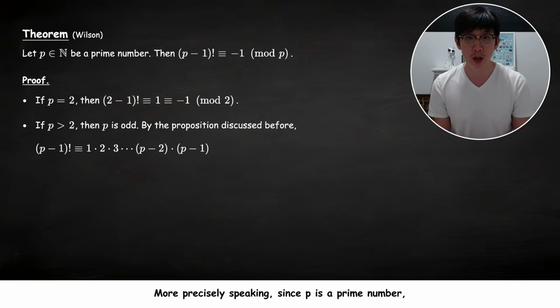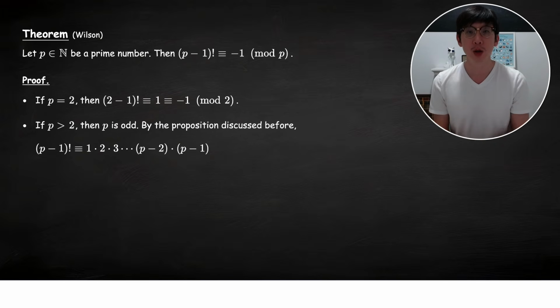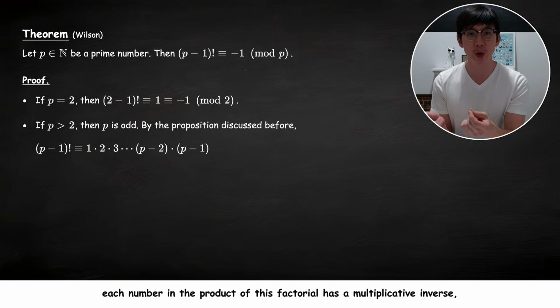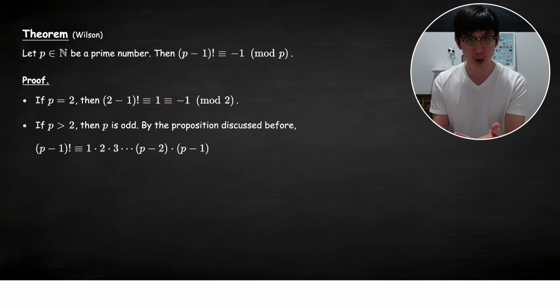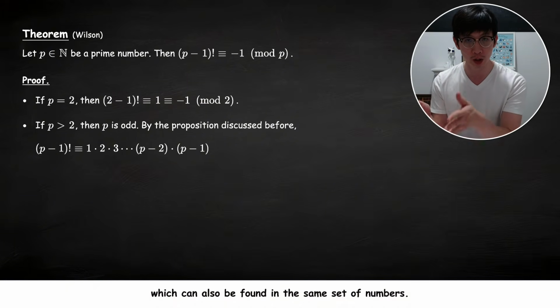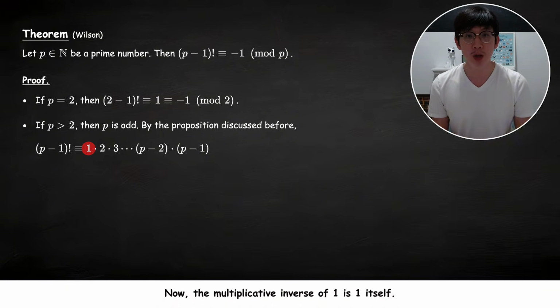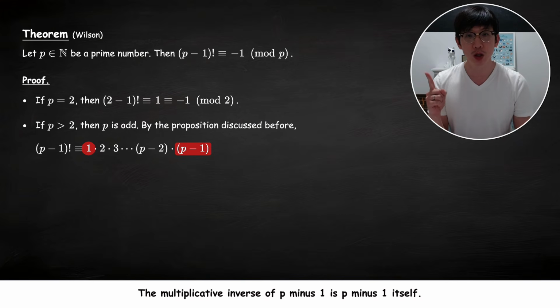More precisely speaking, since p is a prime number, each number in the product of this factorial has a multiplicative inverse, which can also be found in the same set of numbers. Now, the multiplicative inverse of 1 is 1 itself. The multiplicative inverse of p minus 1 is p minus 1 itself.